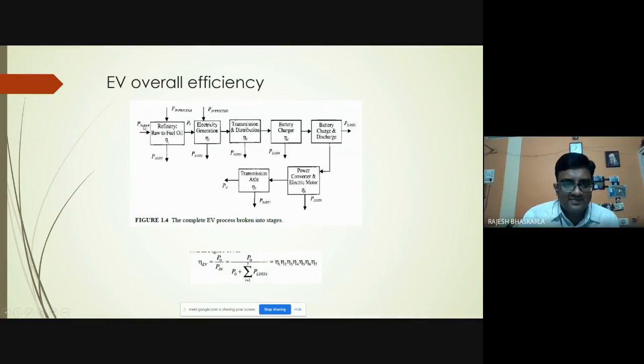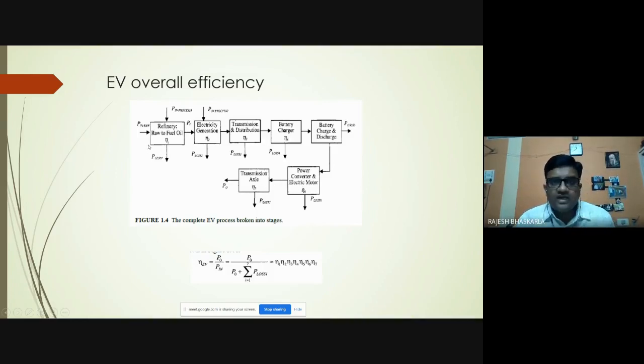So from the starting process of well to the wheel, it is calculated. So here, this is the efficiency of the refining process, efficiency of the electric energy generation, efficiency of transmission and distribution, efficiency of battery charging, efficiency of the charge and discharge, efficiency of the converter and the motor, efficiency of the transmission system.